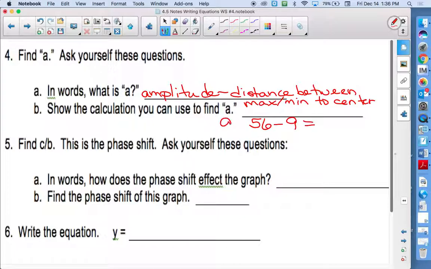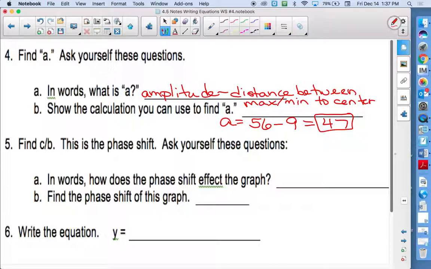The a value would be 47. So find the center of your graph. What does it take from you to get to the center up to the top? Well, the center's at 9. 9 plus 47 gives us 56. Or what does it take to go from the center to the bottom? So it's that vertical distance. Amplitude is our vertical stretch of the graph. How high is it stretching to the top?